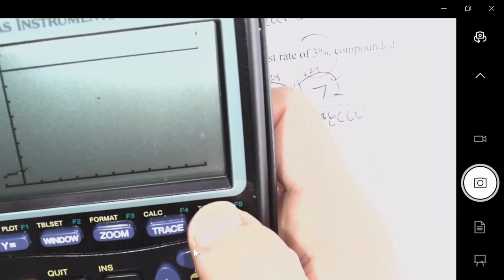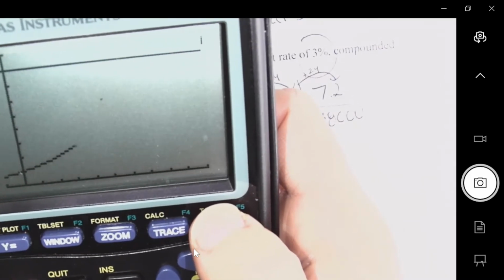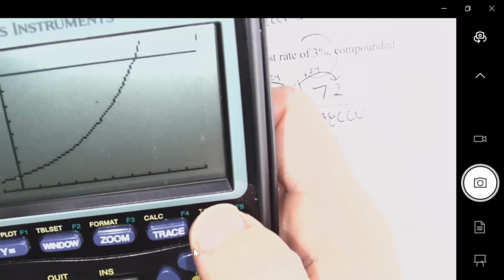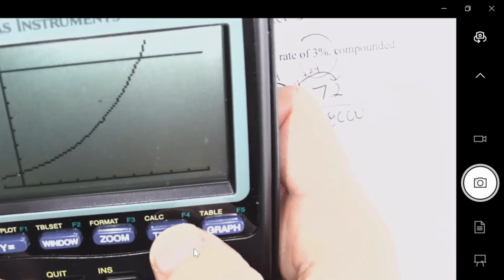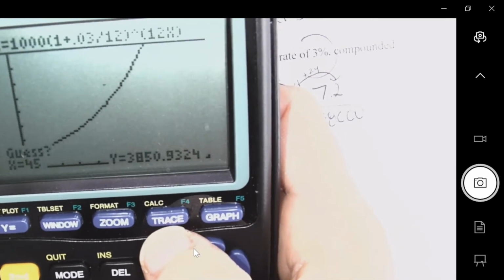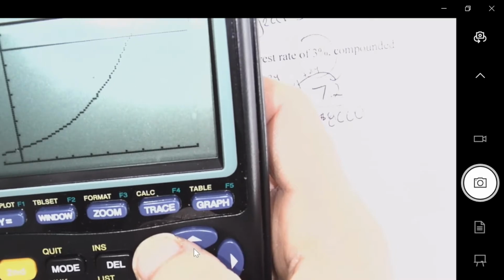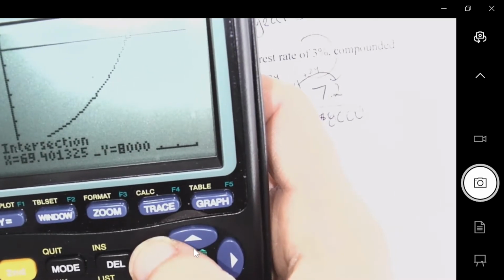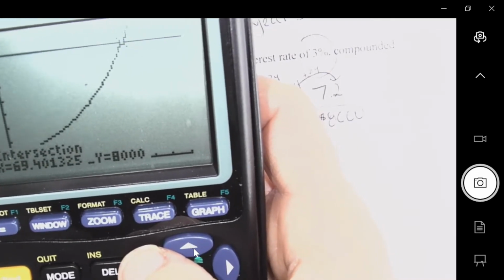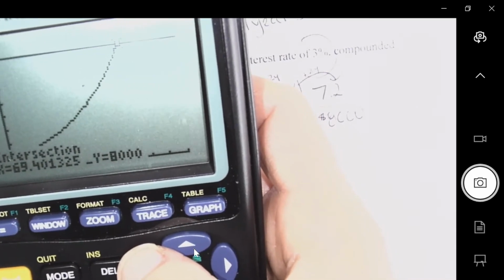So I'm trying to get up to 8,000, and this is my money. My money's growing, growing, growing, growing. Everyone understands compound curves? Intersection. 69.4 years. So, I mean, our estimate was 72. We're pretty close.